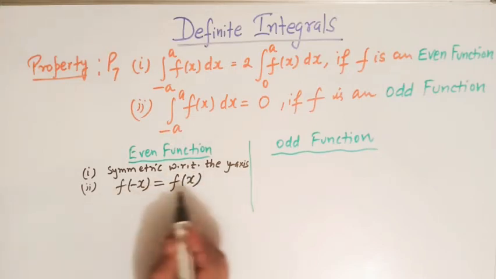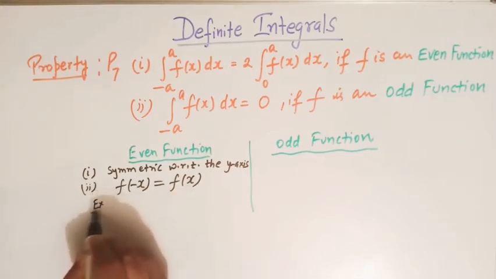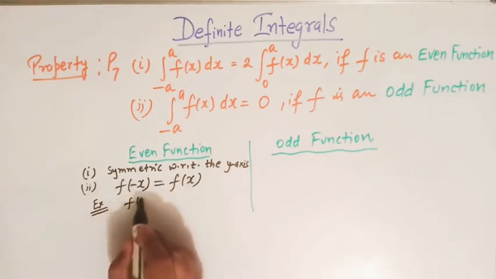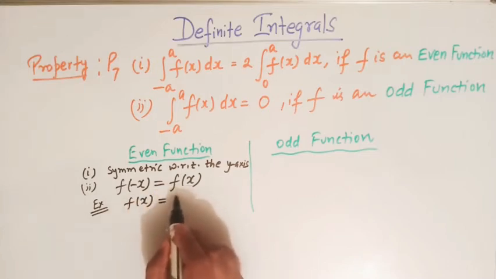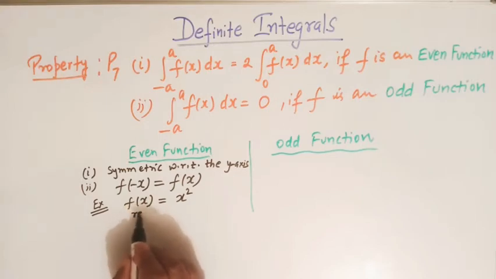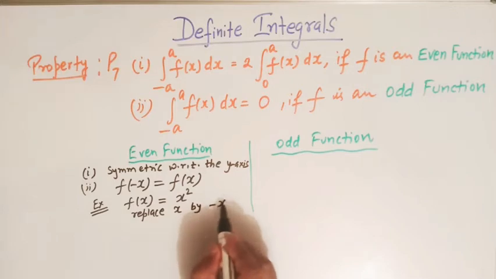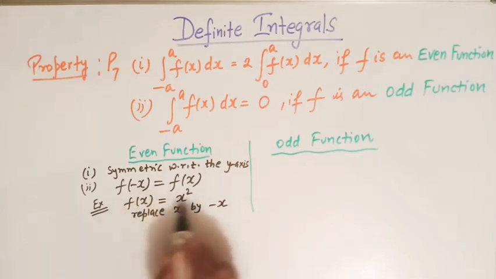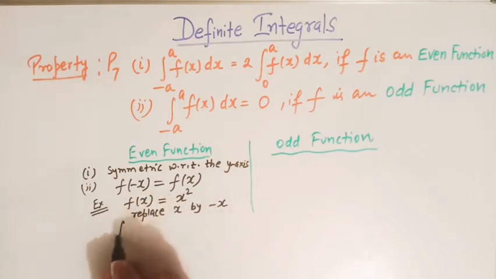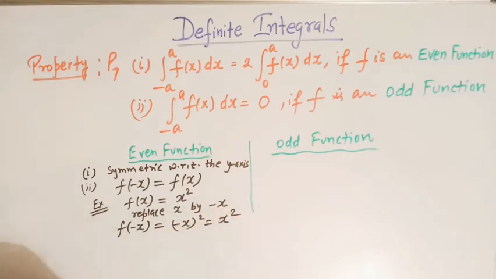Now, what does it mean? It means that suppose, for example, we have a function f of x is equal to say x square. Now if we replace x by minus x, then what will happen to this function? So f of minus x is equal to minus x square, that is plus x square, right?